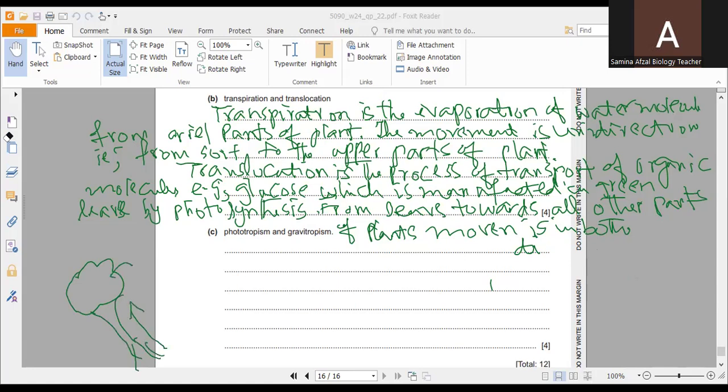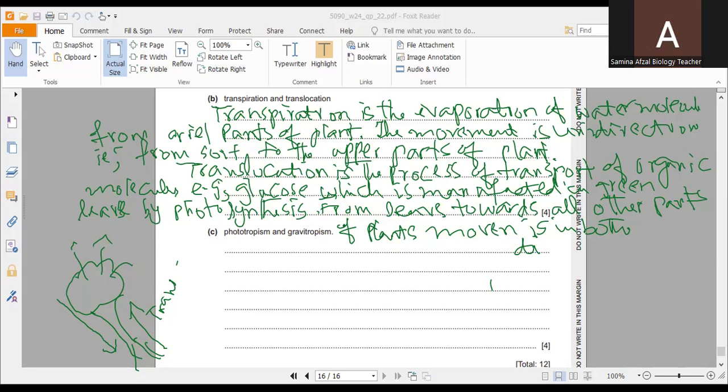But in the case of translocation, glucose can move in any direction because it has to reach those parts of the plant where it is needed, for example flower buds, root tips and shoot tips, where growth is taking place. So it has to be stored in different parts of the plant. So translocation is in all directions, but in transpiration the movement is only in the upward direction.